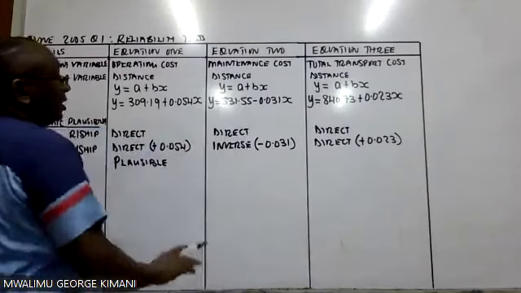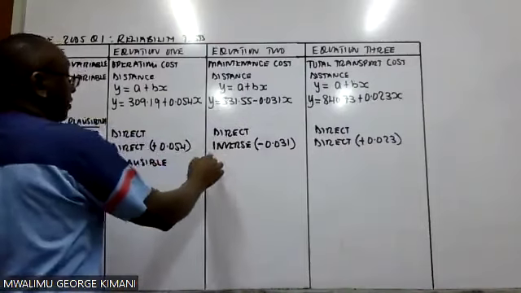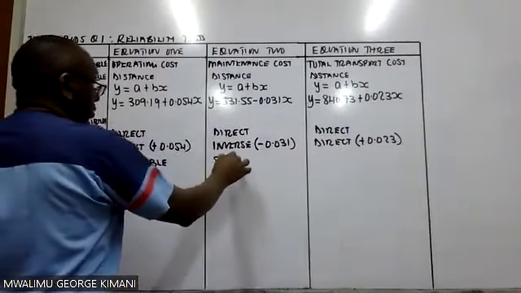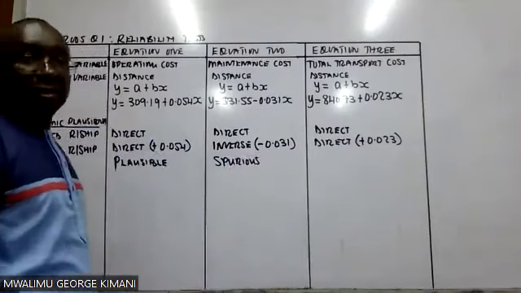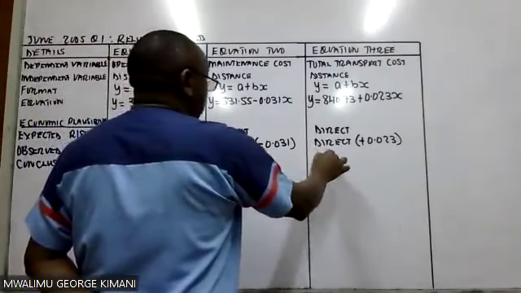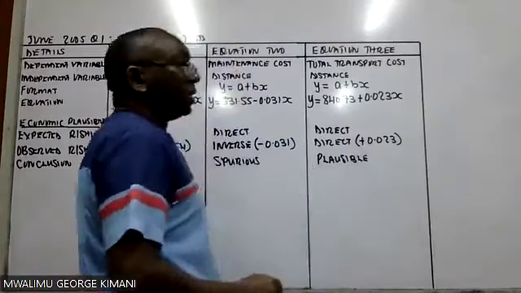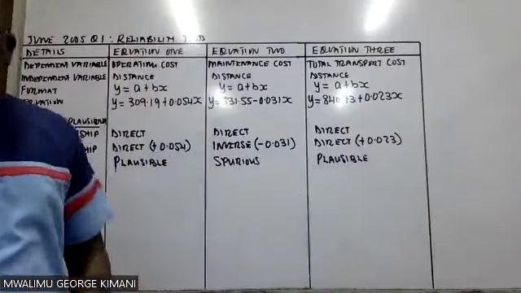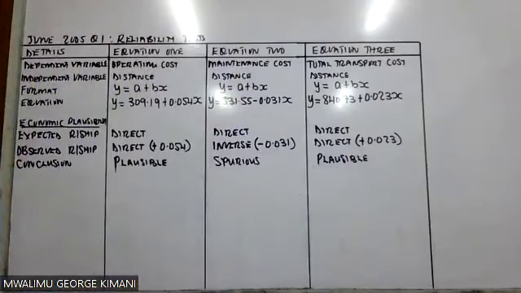But here, now that they are not the same, this is direct and this is inverse, that one we call it spurious. Then these ones, they agree, so it's called plausible.